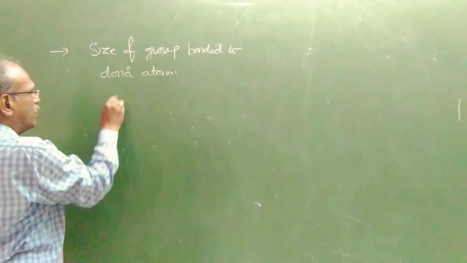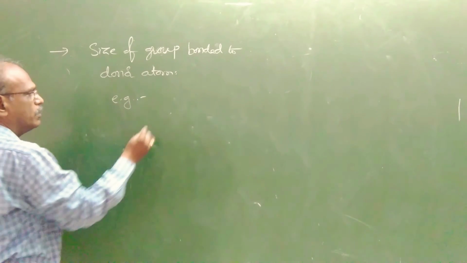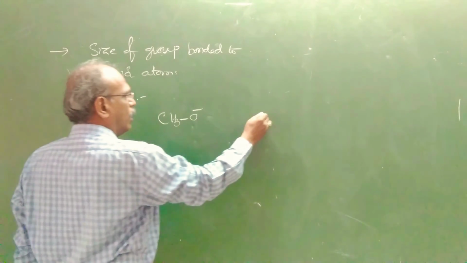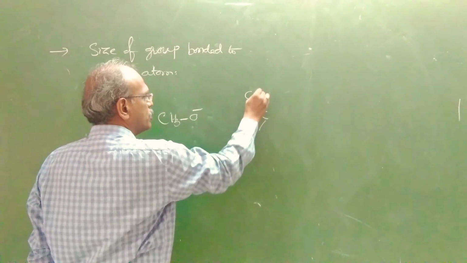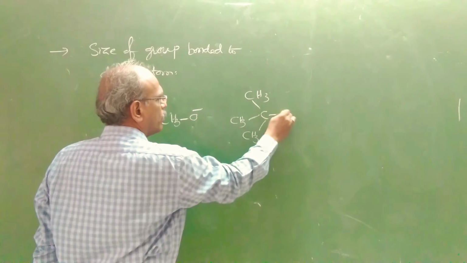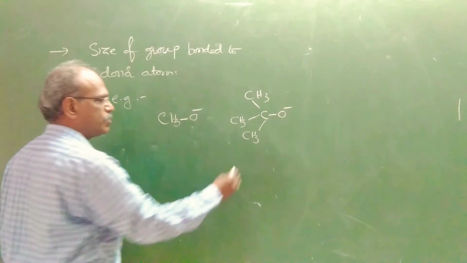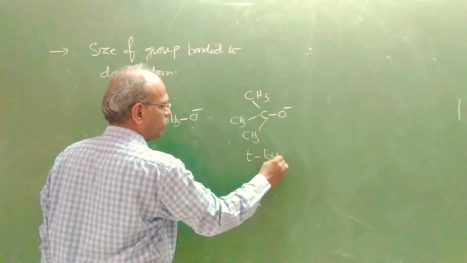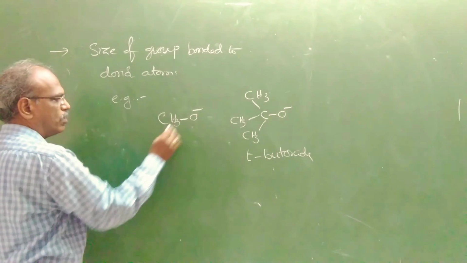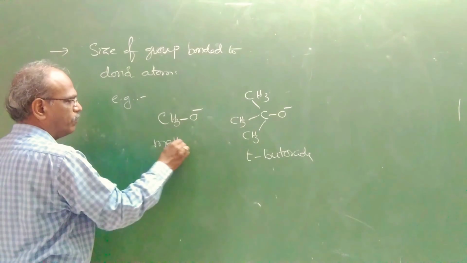Let's work out with an example. CH3O minus, and this is a tertiary butyl group, and it is said to be tertiary butoxide. This is methyl oxide, methoxide.